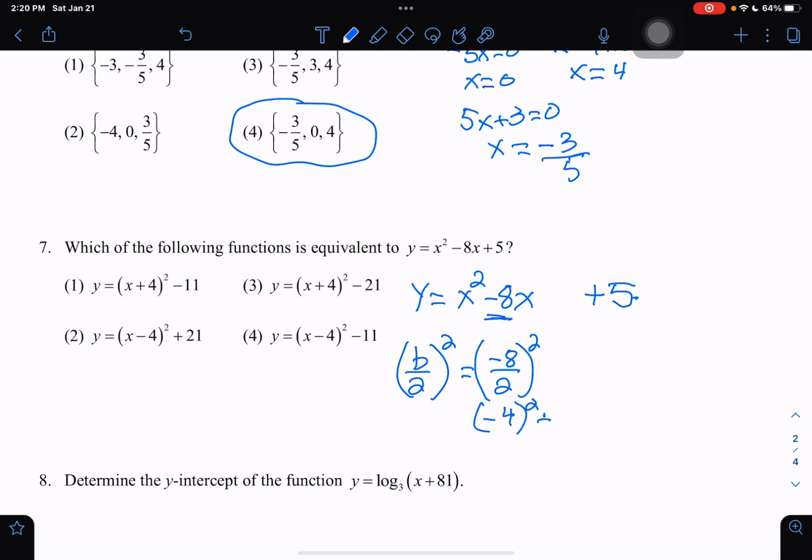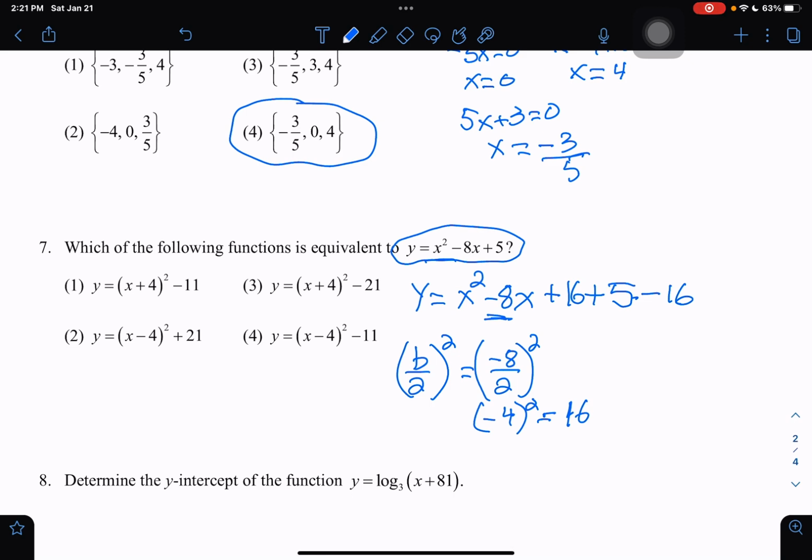And this number always comes out to be positive, so this is positive 16. Now, with parabolas, this number is on the same side, so if we add 16, we have to subtract 16, and that way we wouldn't be ruining any of the laws of algebra, because if we combine the like terms here, we would end up with this original equation.